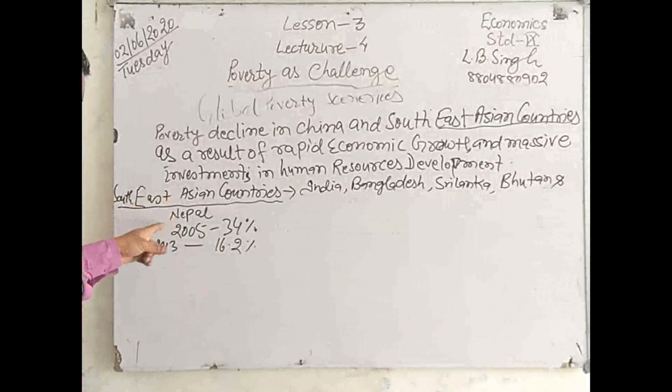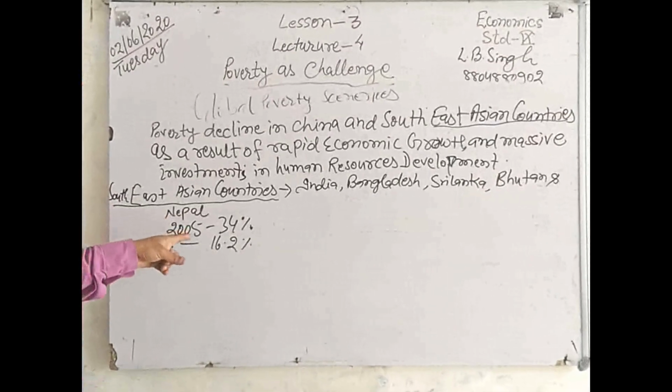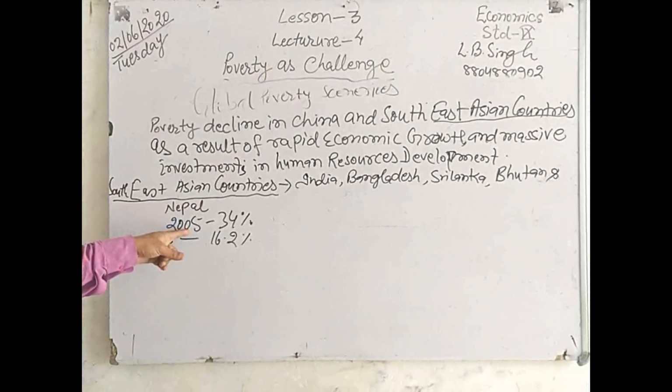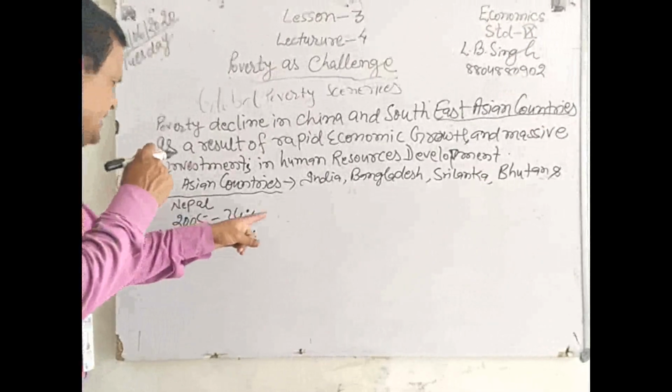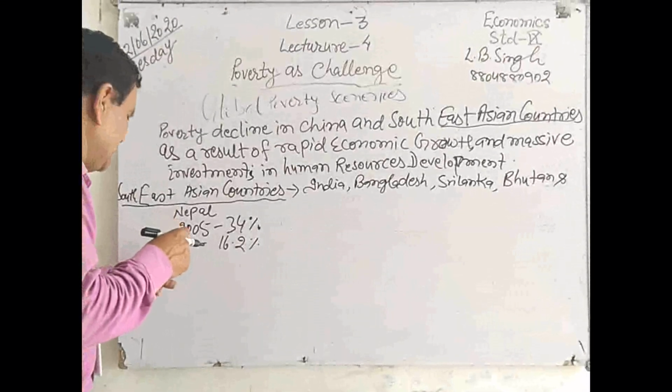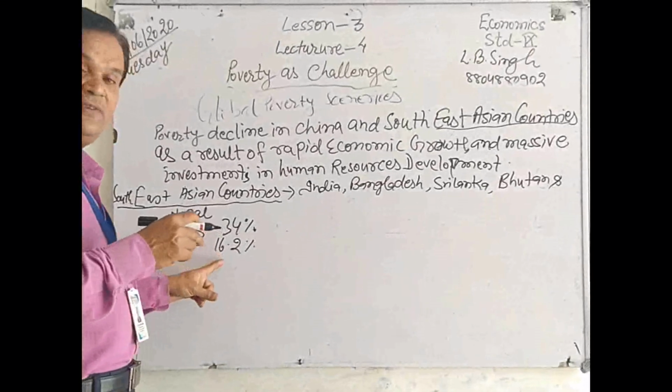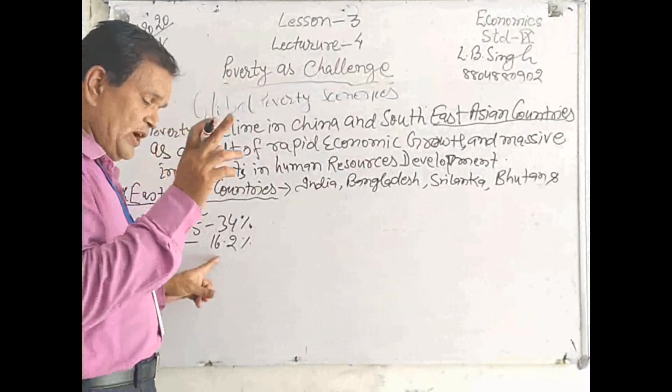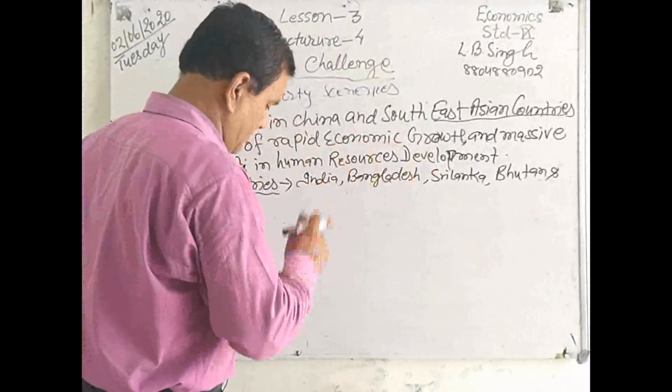So you can see according to year, in 2005 there were 34% poor people, while in 2013 there were only 16.2% poor people.